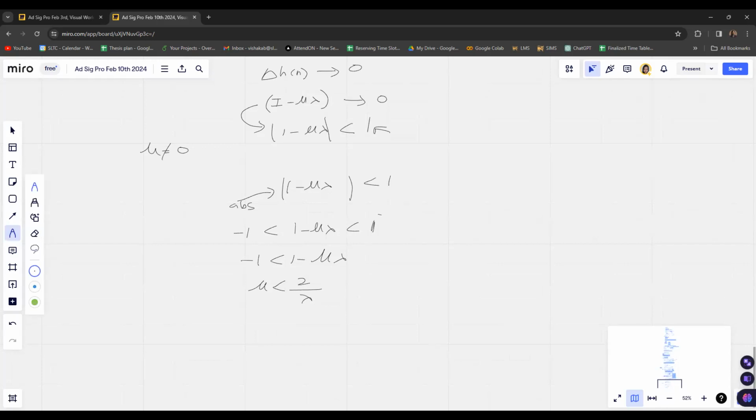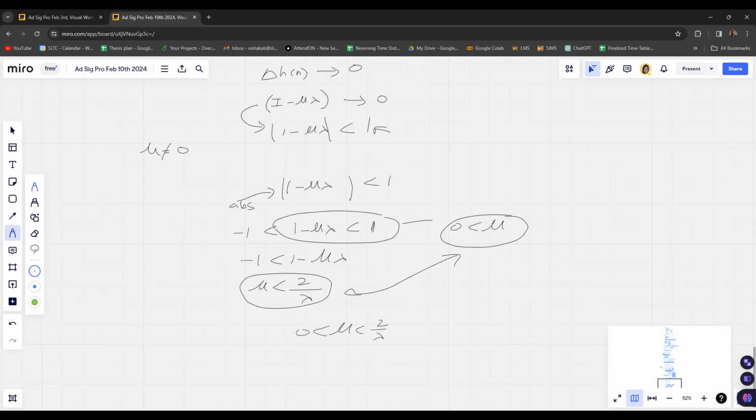By considering this situation, the mu value will be above 0, because 1 will be cancelled in both sides, and once you take the mu to the other side and divide both terms by lambda, you will be left with 0 is below mu. So by considering these two factors, you can come to a combined decision that mu should be below 2 over lambda and above 0.